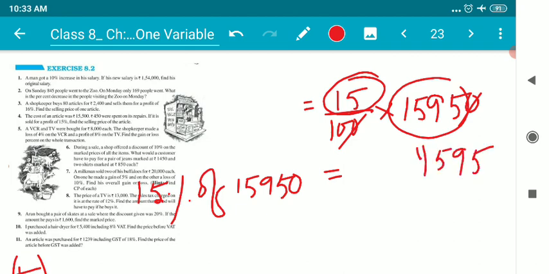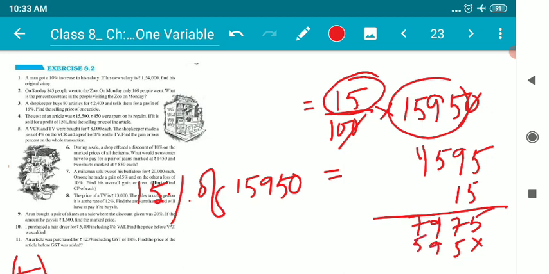Let's see what comes. 5 ones are 5, 9 ones are 9, 5 ones are 5, 1 ones are 1.